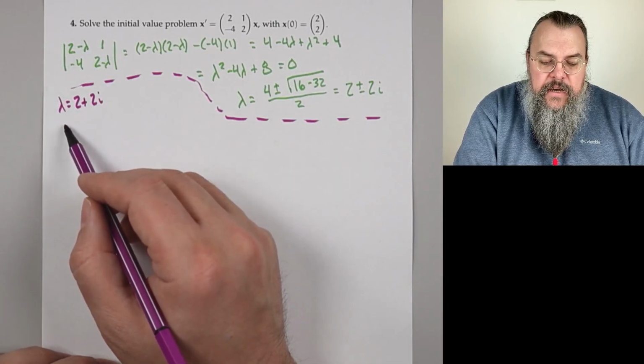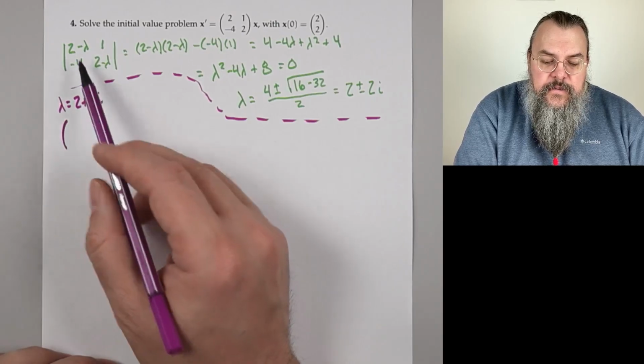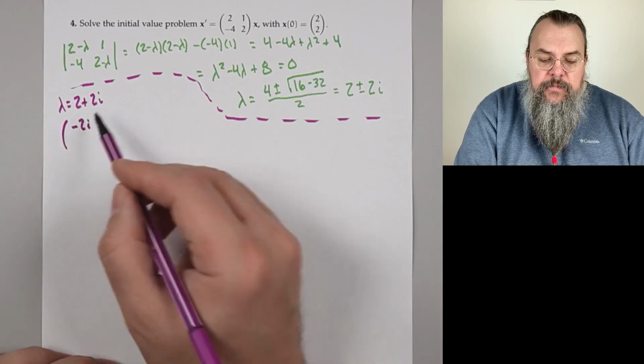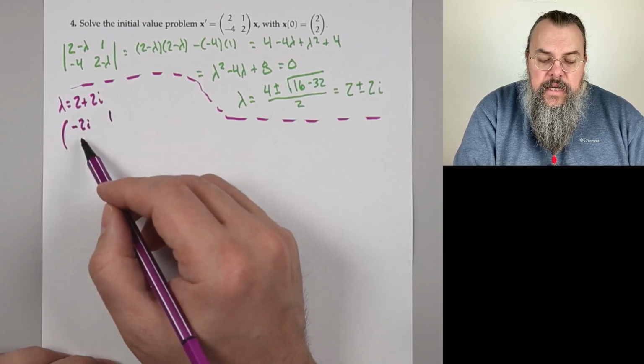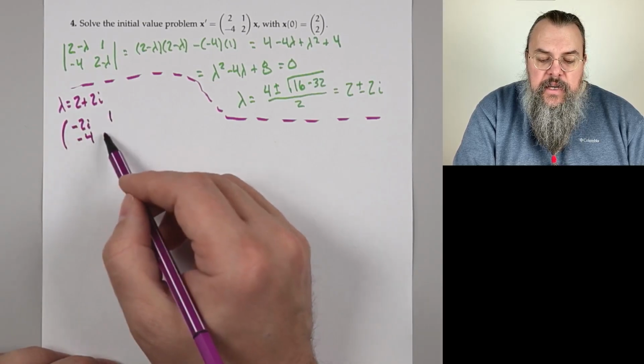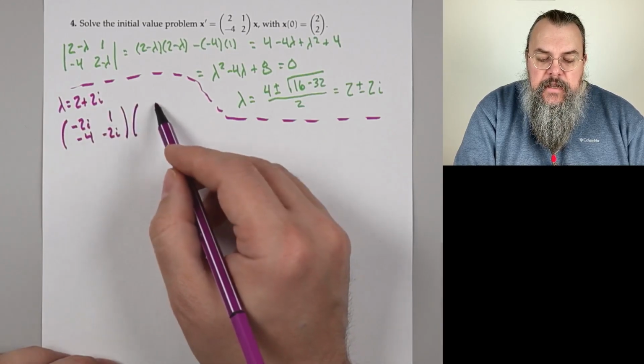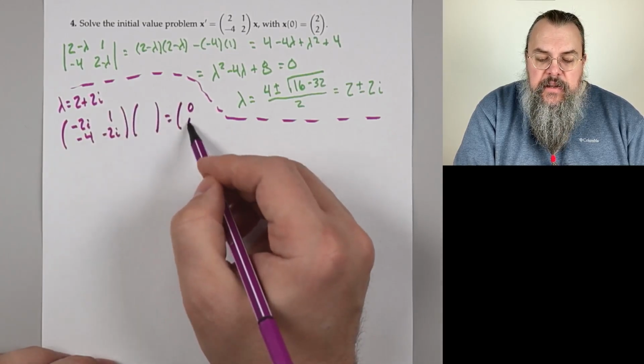So what do we have? We have 2 subtract 2 plus 2i would make it minus 2i, and a 1, and a minus 4, and a minus 2i. And we need something, so we get 0, 0.